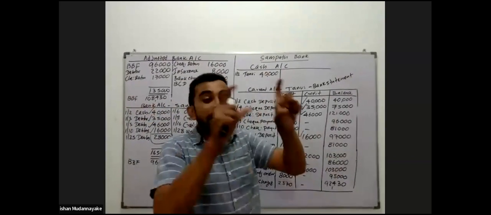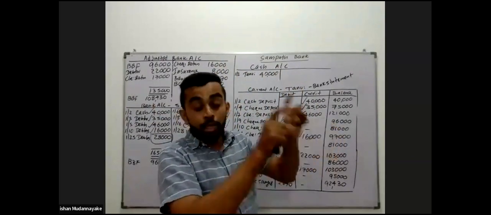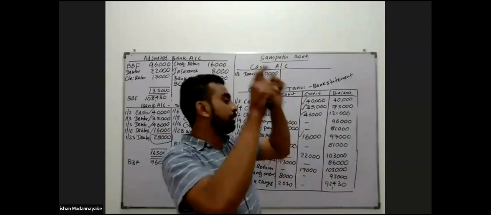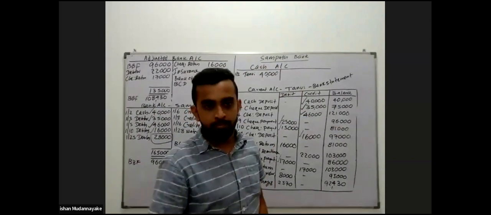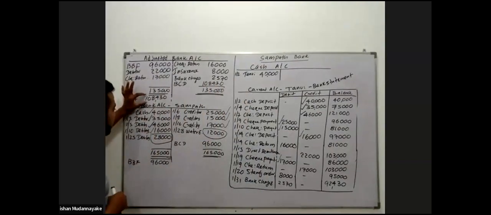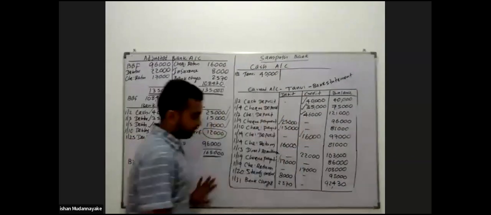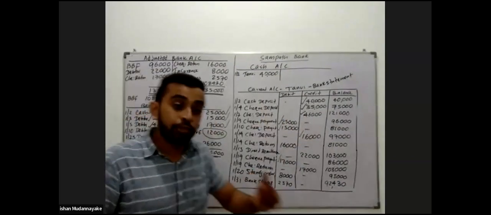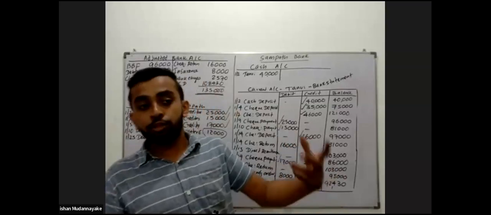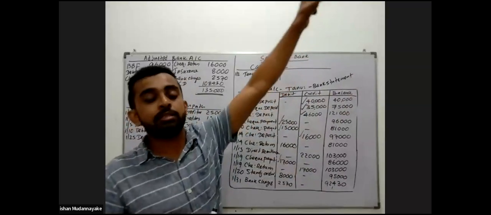Through a bank reconciliation statement. Adjusted bank account balance is 108,430, bank statement balance is 92,430. For that difference, Tarun can provide reasons through the bank reconciliation statement.